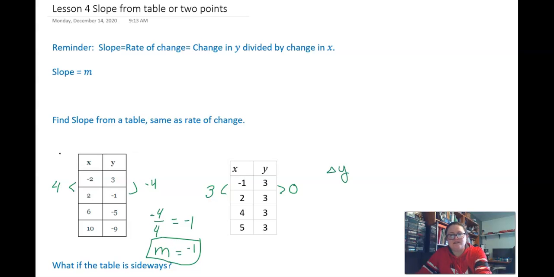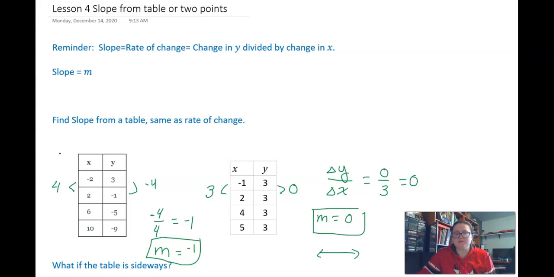Change in y divided by change in x. That little triangle means change. Equals 0 over 3, which is 0. So our slope is 0. So if we were to graph this, that means it would make a horizontal line because the slope is 0. And it would go through 3 on the y-axis.